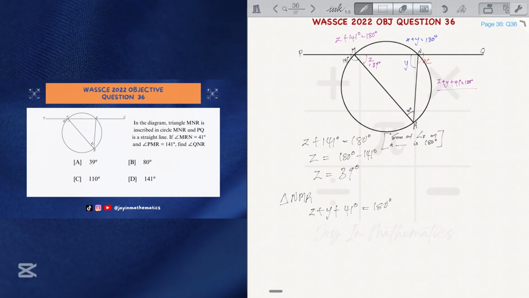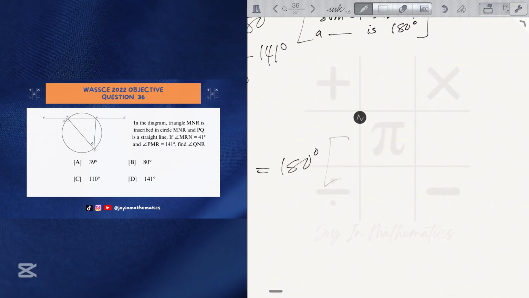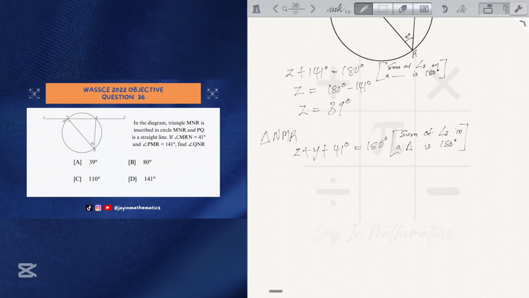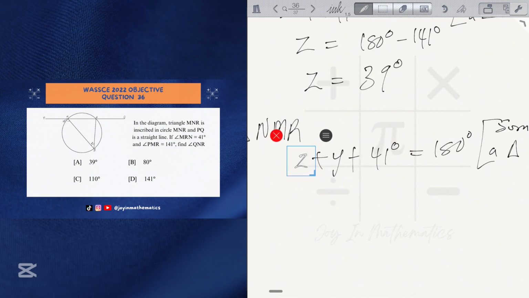What's the reason? The reason is that the sum of angles in a triangle is 180 degrees. So in view of that, let's substitute the value of Z.